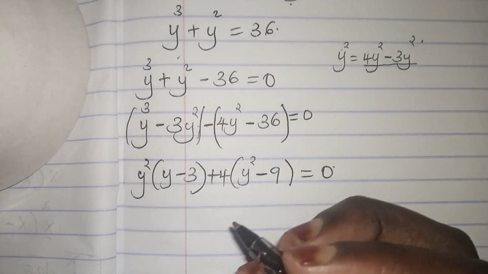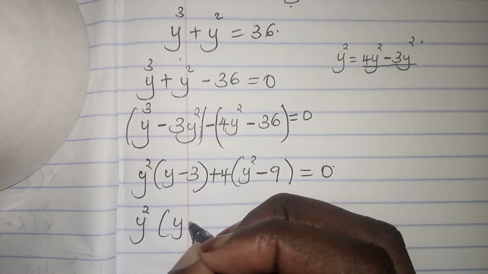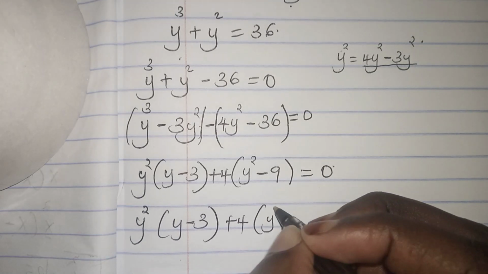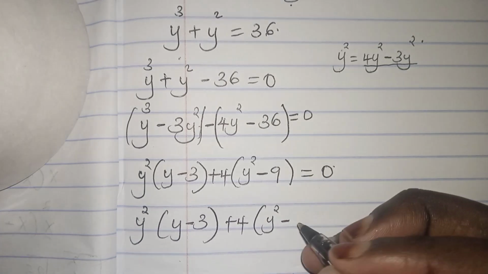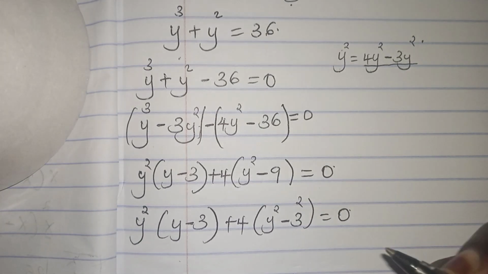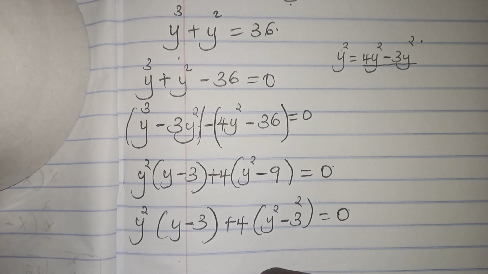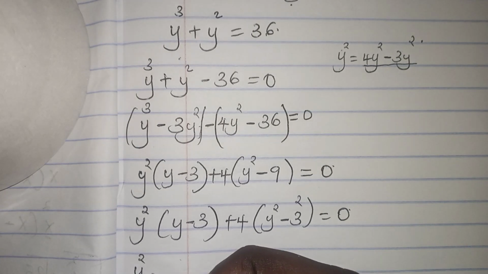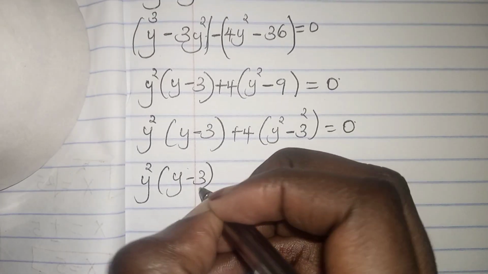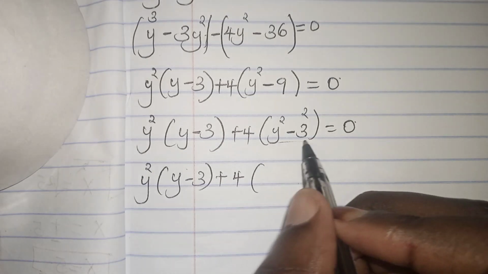Our next step, y^2 into (y - 3) plus 4 into (y^2 - 9). For 9 we can write it as 3^2, equal to 0, right? So our next step, y^2 into (y - 3) plus 4 into, this is a perfect square.